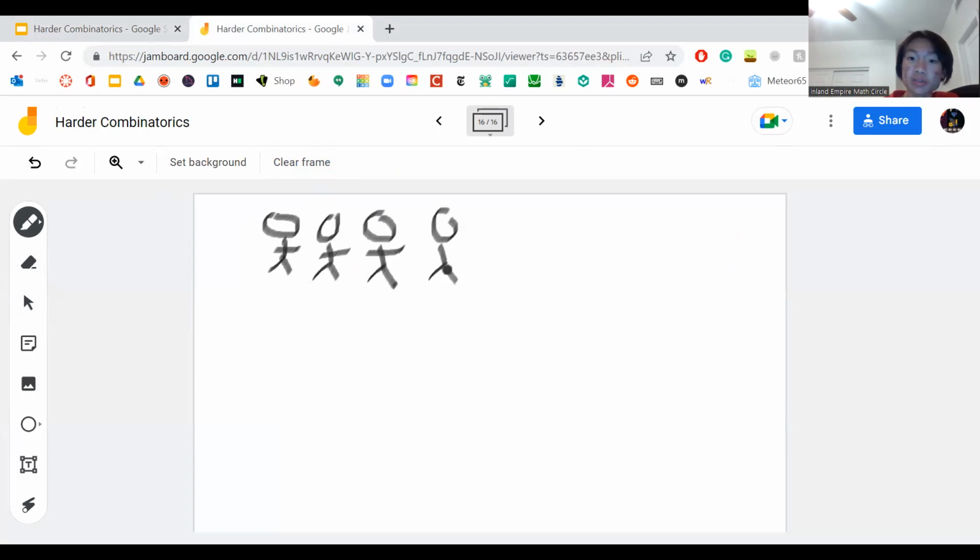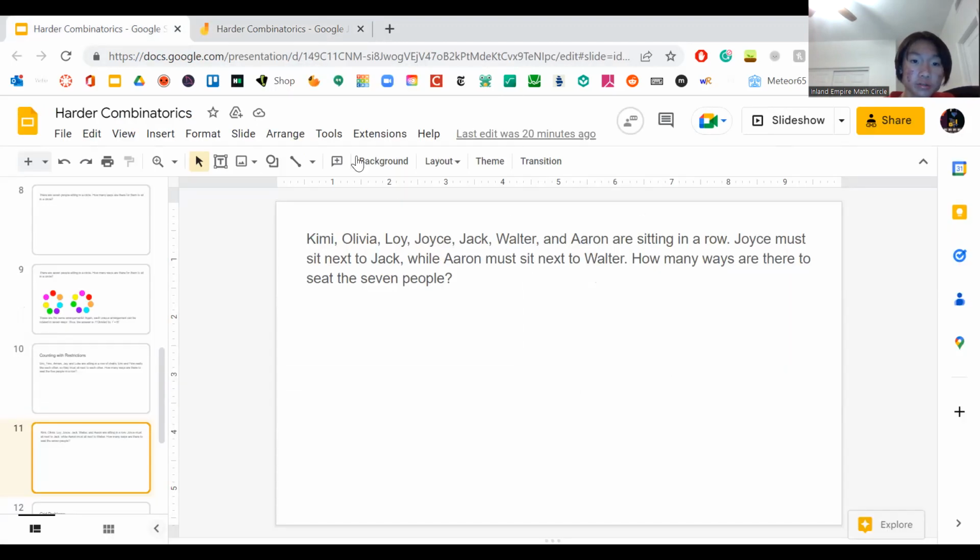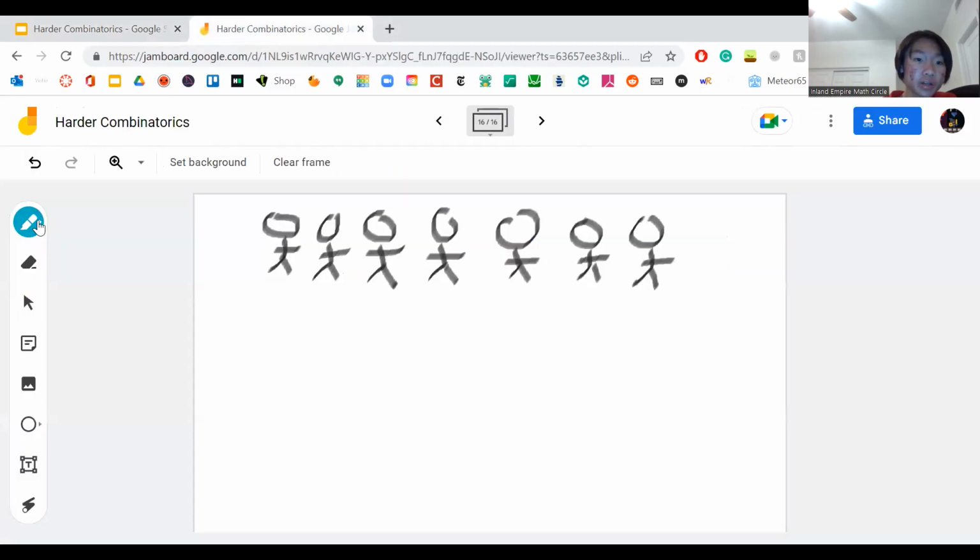So do you guys have any ideas for how to solve this? This is pretty similar to what we went over earlier with the first example of this restriction. So, okay, there's 2 groups. So I'm going to color these people here. Blue and red must be together.